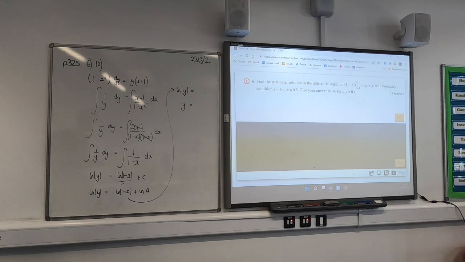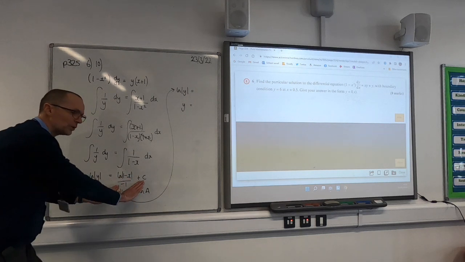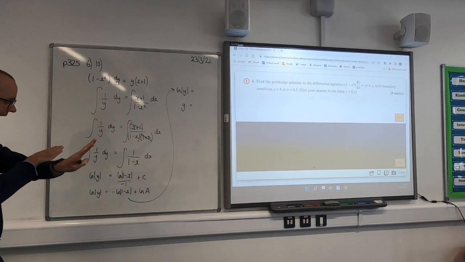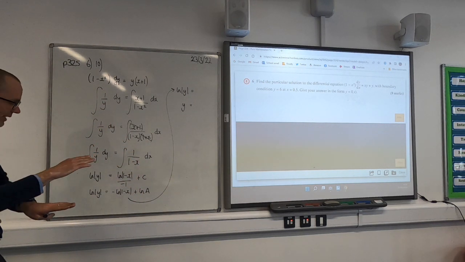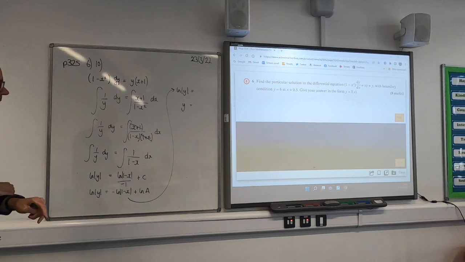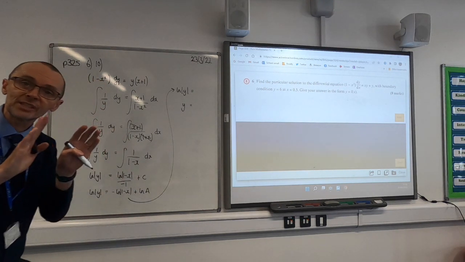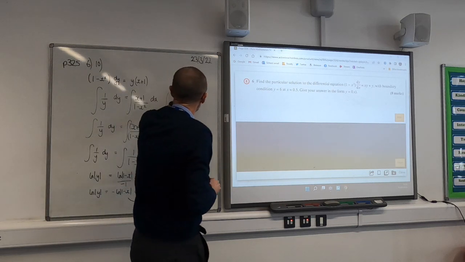Now, I don't know how you approach this next step, but here's what I did. I imagined those two things written the other way around, so it's ln of a minus ln of 1 minus x, which meant I could use the second log rule and write it like this.